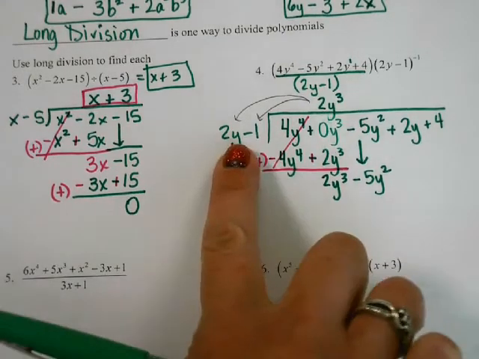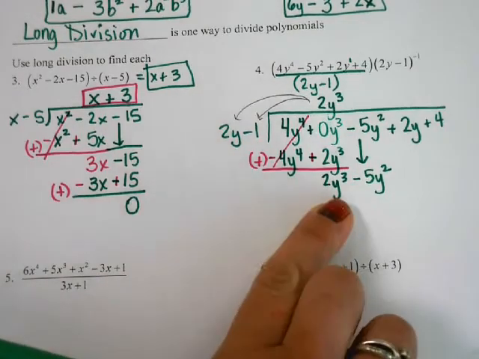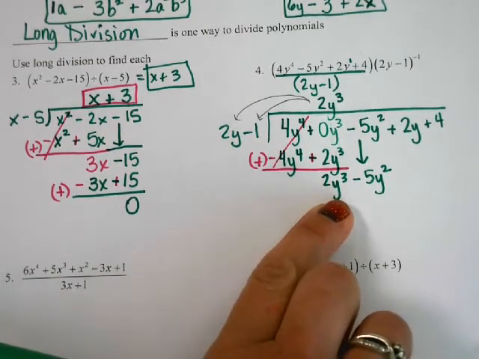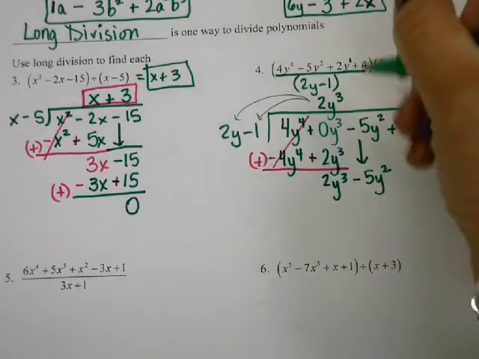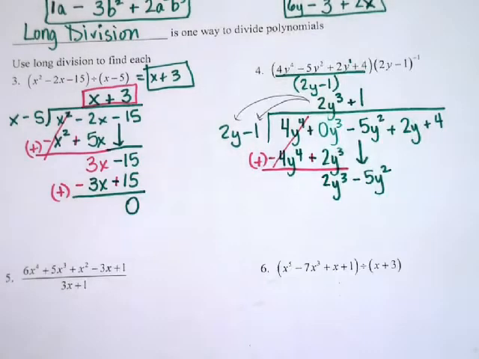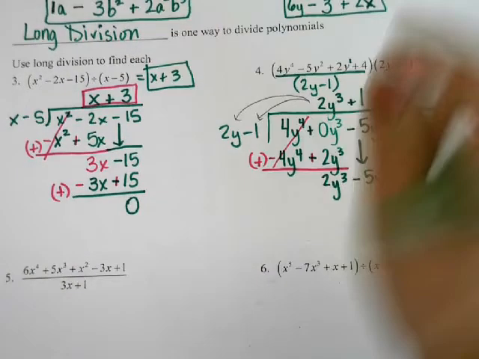Okay, what do I multiply 2y by to get 2y to the 3rd? Y squared, right? I have a 2, so I don't need a coefficient, so I'm just going to say plus. If you want a 1, you can put a 1. I have 1 y, I need 3, so I need 2 more y's.